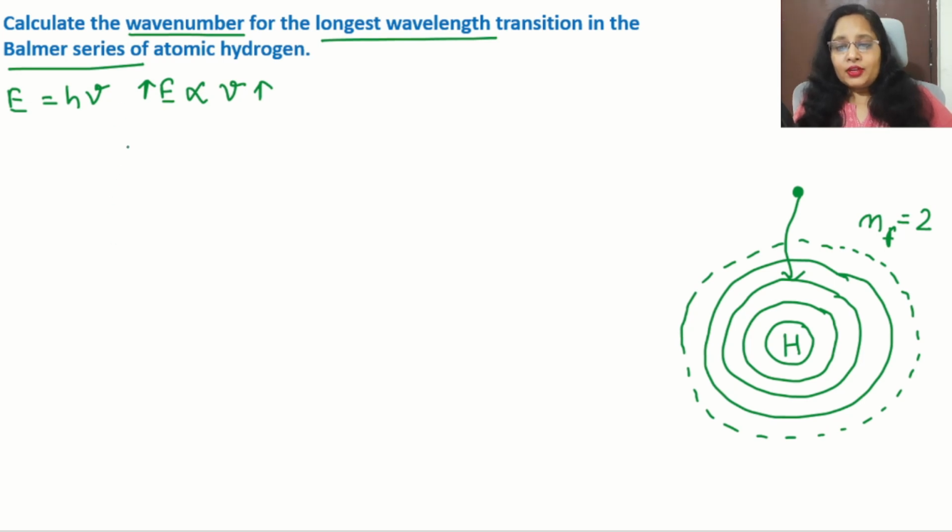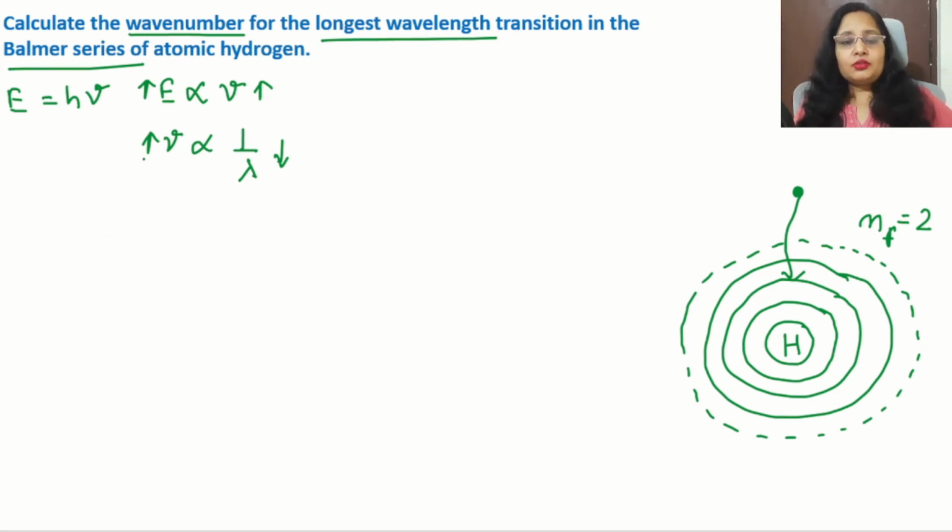In the same way, we have one more relation between frequency and wavelength lambda: mu is inversely proportional to lambda. It means when frequency is increased, lambda will decrease, or when lambda is increased, frequency will decrease.